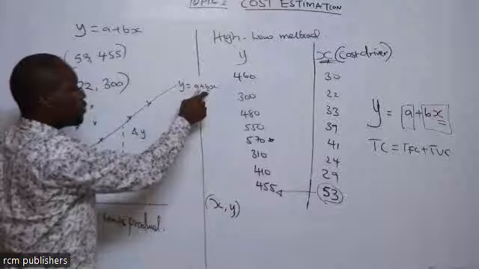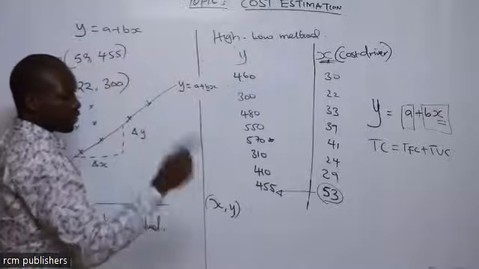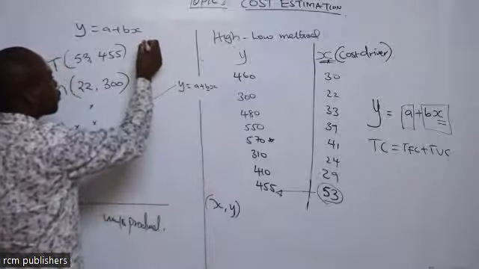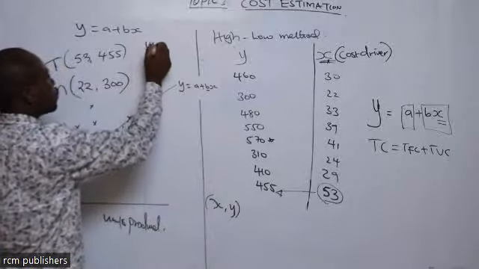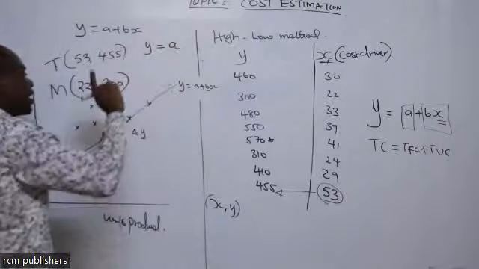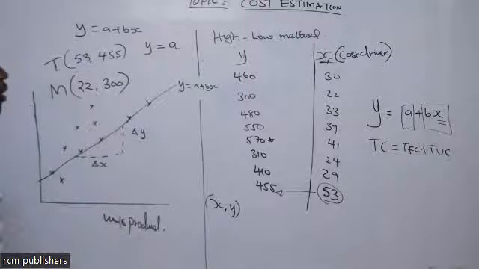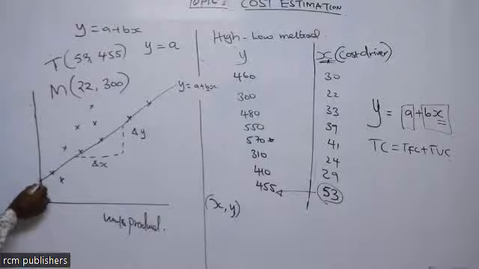Even if this value of B is 20,000, times 0 will be 0. So when total production cost is equal to the total fixed cost, at that particular point, we've not produced anything. And what is that particular point? It is here.